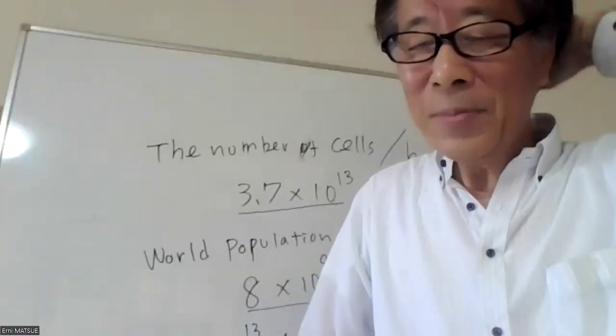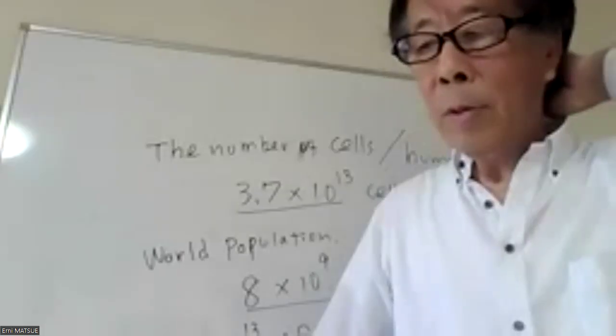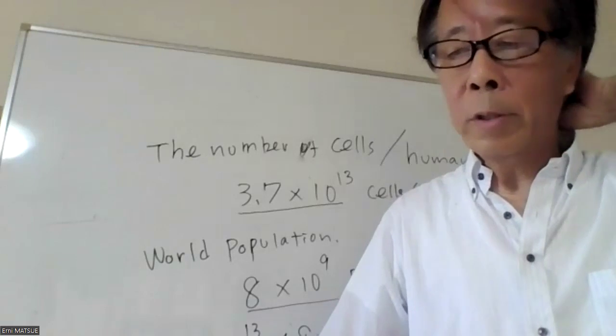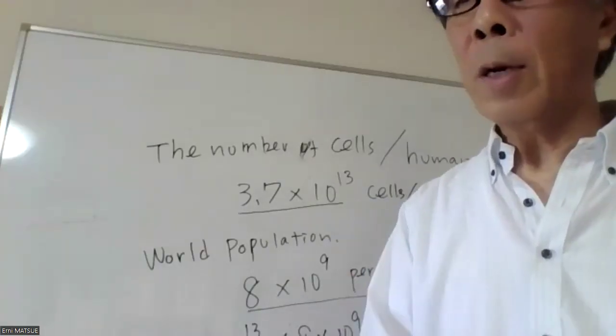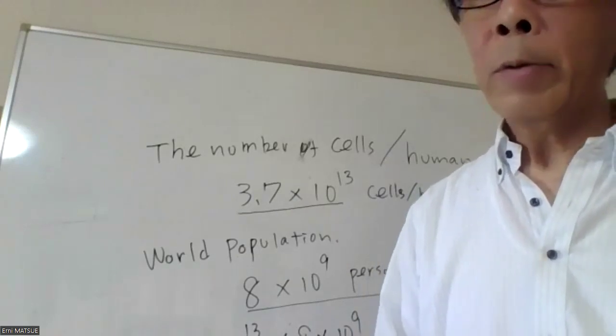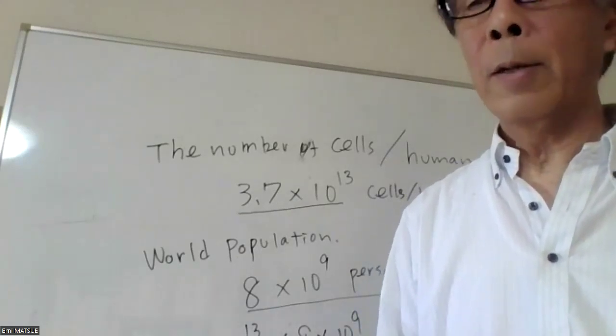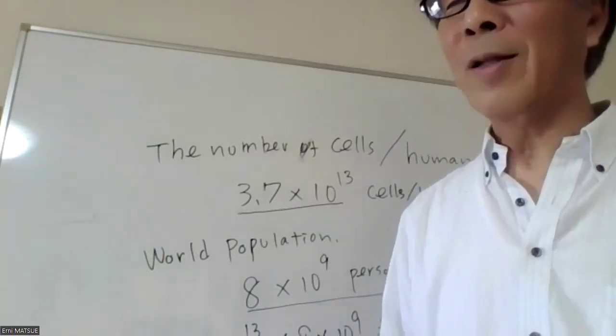But the Avogadro number is interesting for me, and the phenomenon for soil chemistry. Today's lecture was in English, and my English is not so good. The details of today's lecture are described in the material written in English. Please study the material.